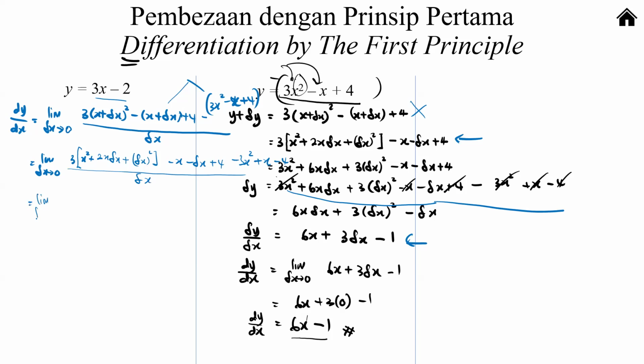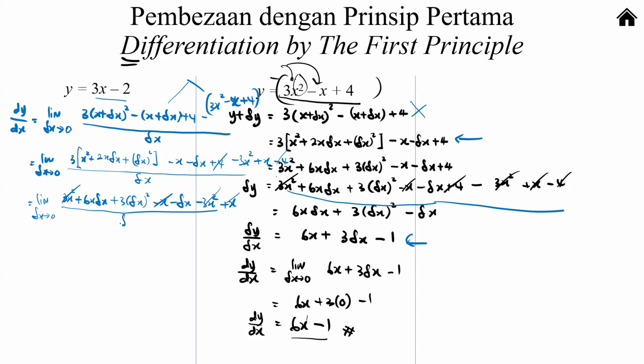So as delta x approaches 0, we open up this bracket: 3x squared plus 6x delta x plus 3 delta x squared minus x minus delta x. The plus 4 and minus 4 can cancel off right away. Minus 3x squared plus x. So now the 3x squared and 3x squared can cancel off, minus x and plus x can cancel off.